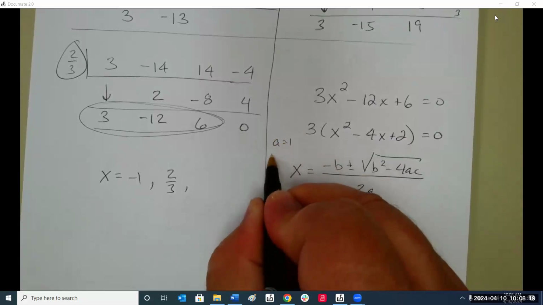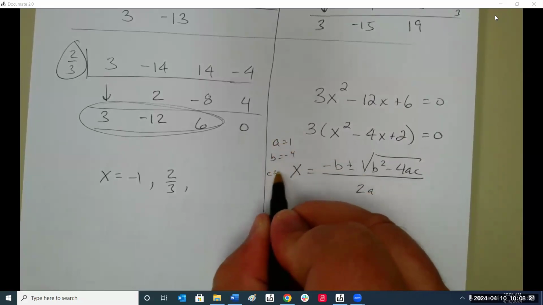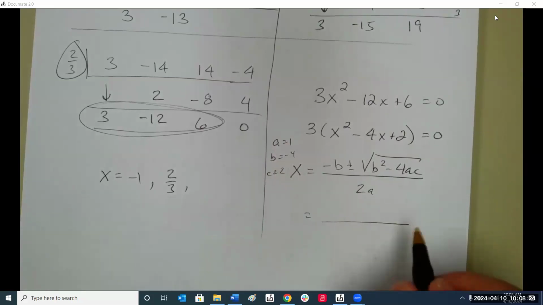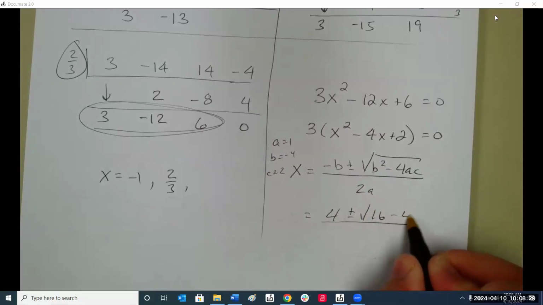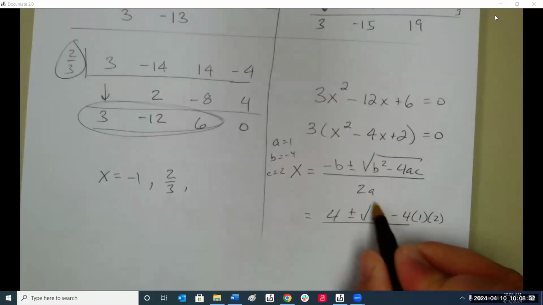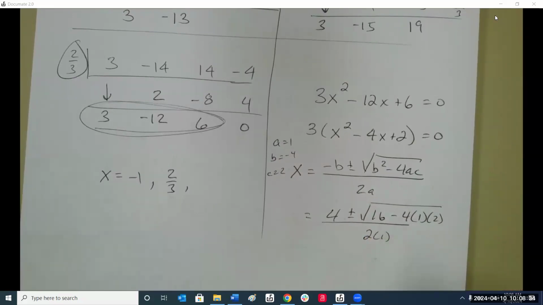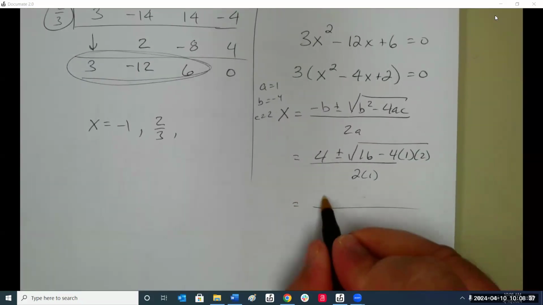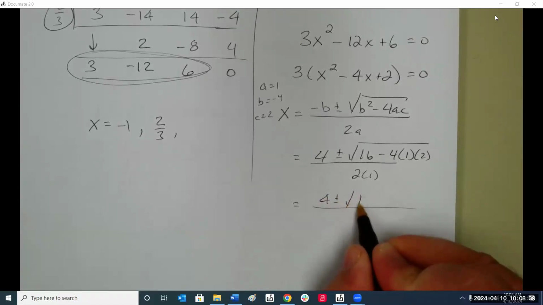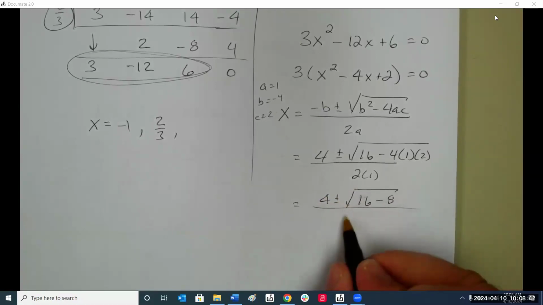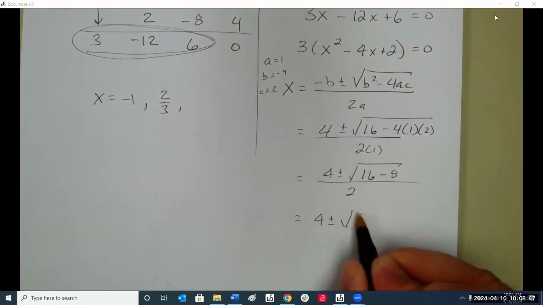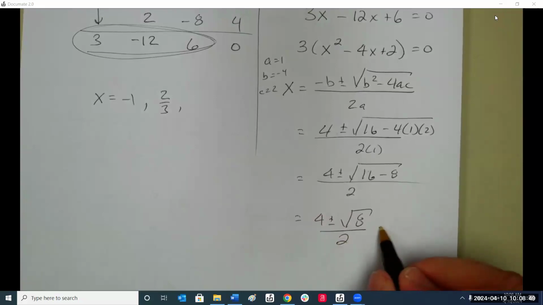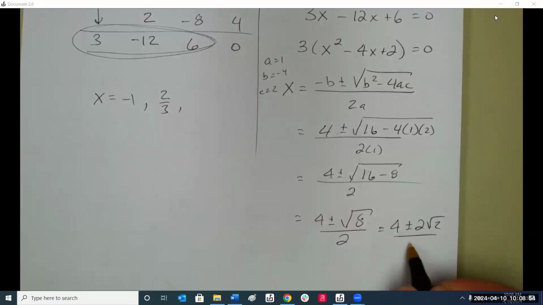A is 1, B is -4, C is 2. So positive 4, 16. 16 minus 8 over 2. 4 plus or minus 2 radical 2 over 2.